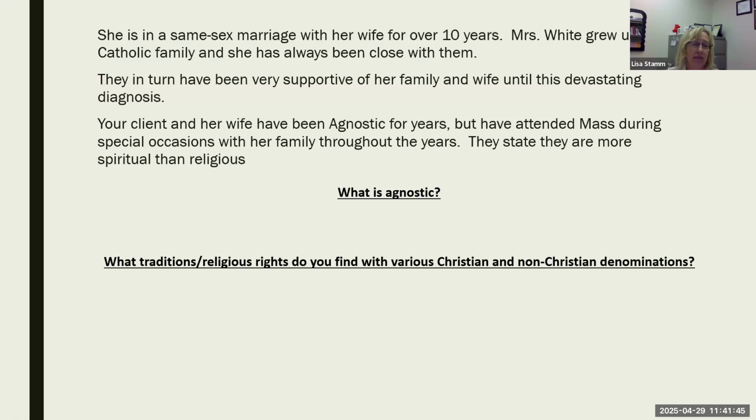What about books? Are there certain books that are deemed holy by a lot of the mainstream religions? The Bible, the Quran, the Torah, so different types of books. Mm, what else? How about emblems?